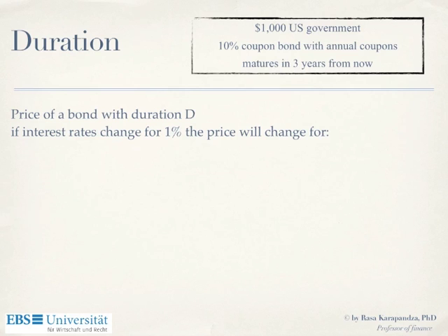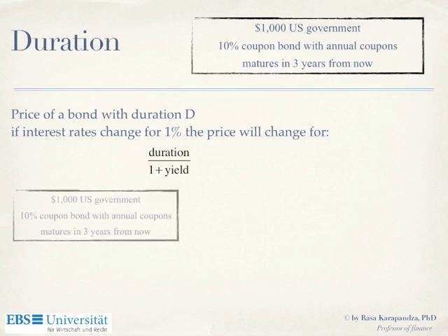If you observe this kind of change in interest rates, so if interest rates fall for 0.5% or raise for 0.5%, then the price of the bond will change for the duration divided by 1 plus yield percent. To give you an example, everything will be clear.